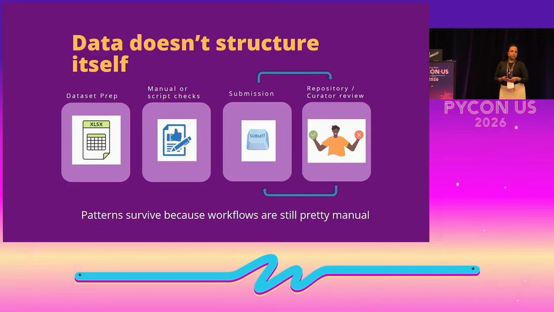You might create some checks, you might even write some Python checks to make sure all the rows are filled in. Then the file looks ready to go, so you submit it, and it gets caught in this repository purgatory where somebody on the other side is reviewing the data and seeing, hey, these look like placeholder data, and there's emailing back and forth again. It's not the most efficient workflow.